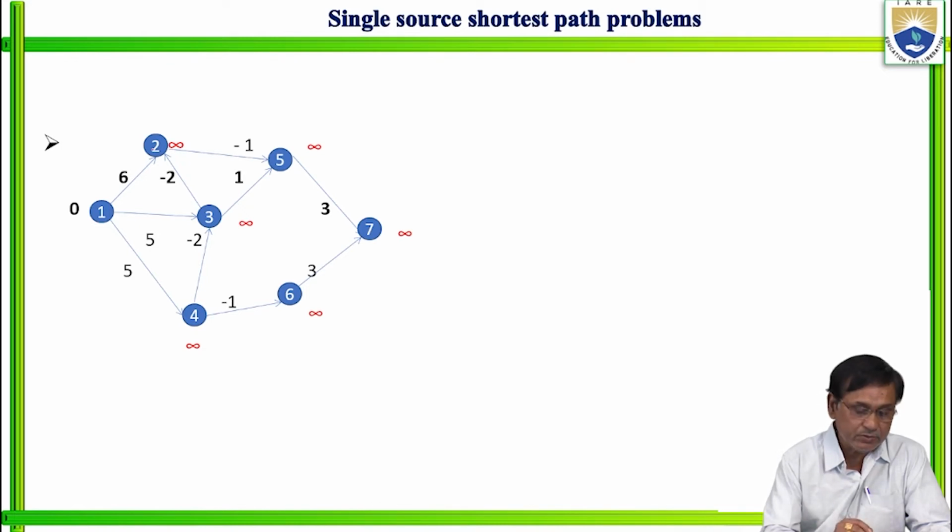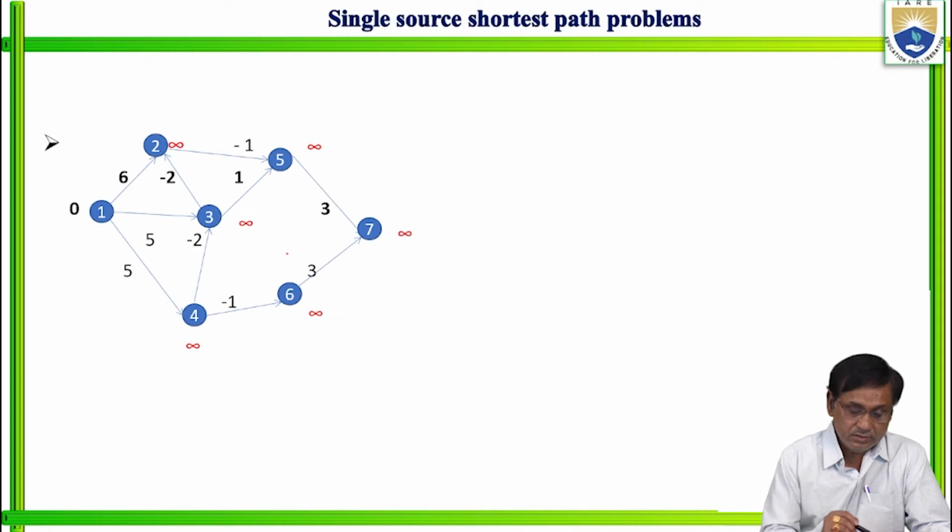The weights are given as: 1 to 2 is 6, 2 to 5 is minus 1, 3 to 2 is minus 2, 1 to 3 is 5, 1 to 4 is 5, 4 to 3 is minus 2, 4 to 6 is minus 1, 6 to 7 is 7, and 5 to 7 is 3.